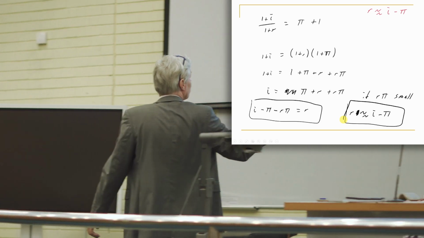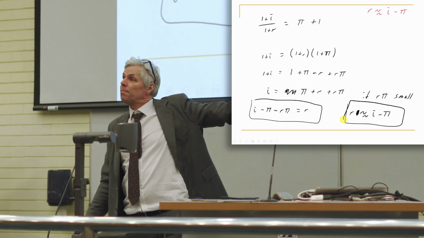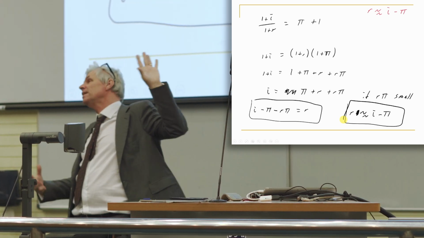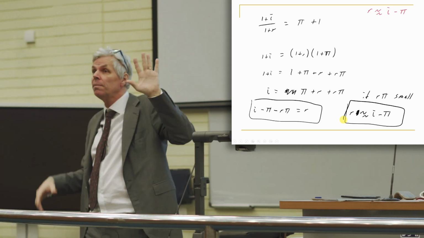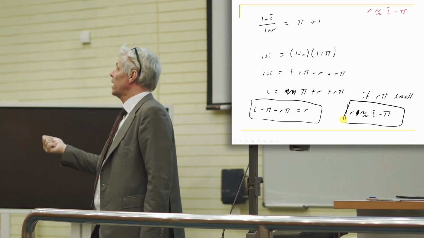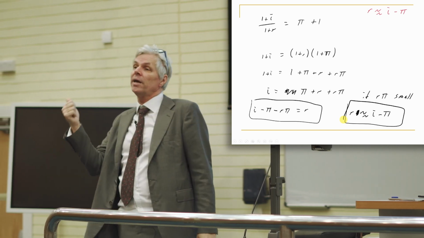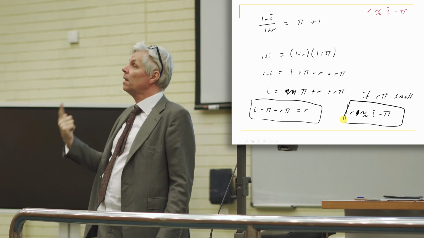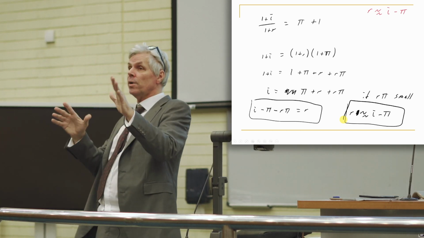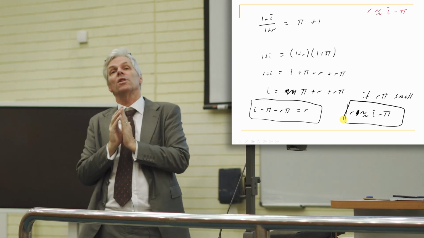The nominal interest rate is posted at the bank. These are easily observed on a daily basis. You can go to the Financial Times, find the inflation rate and the nominal interest rate, and calculate more or less what the real interest rate is.